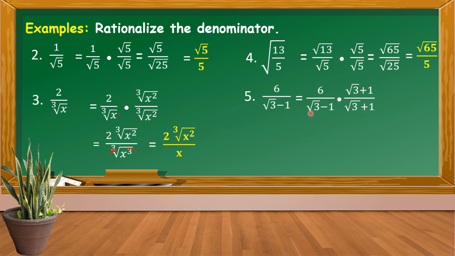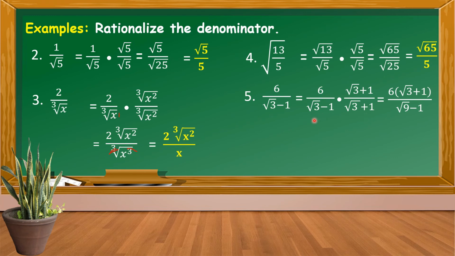So, let us now proceed. This is our conjugate, which we multiply to the numerator and the denominator. So, we have 6 times the quantity square root of 3 plus 1. Nothing changes, we just copy it. Then, in the denominator, we have a minus symbol and a plus symbol.